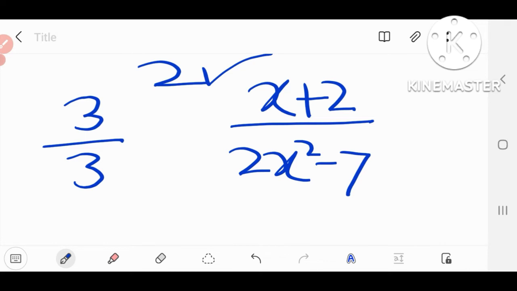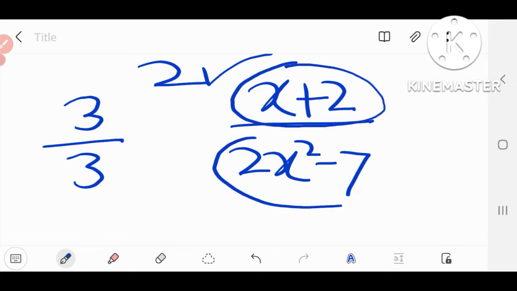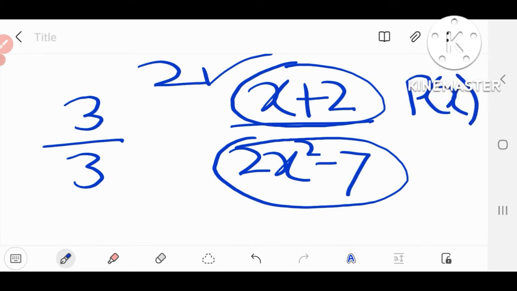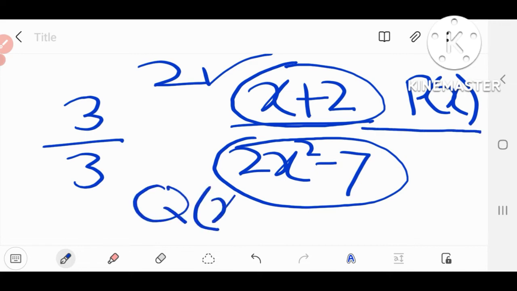What is the main thing on behalf of which we can say that it is a proper fraction? Because the upper part is a polynomial and the lower denominator is also a polynomial. The upper one is called p of x, that is, a polynomial with variable x, whereas in the denominator we call it q of x.